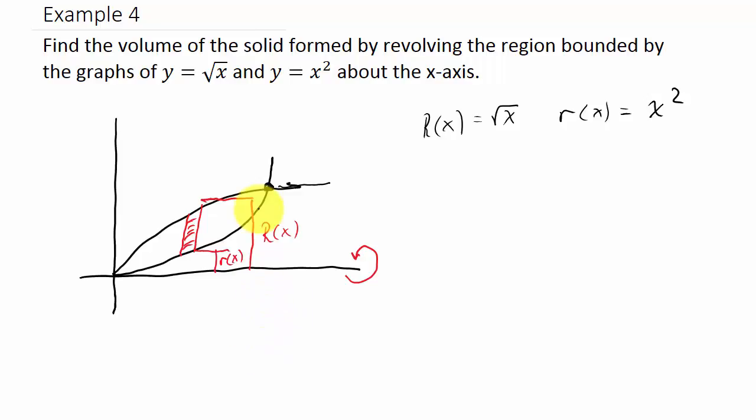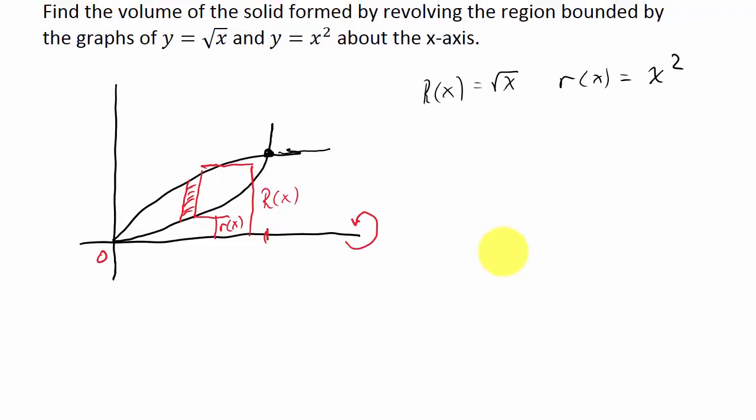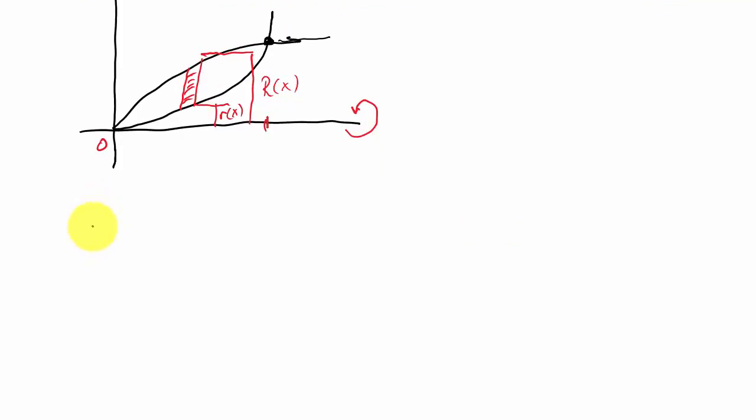Also, we need to know this x value. We know we're going from 0 to some point here. To find that, we set these two equal to each other and solve for x. So I have square root of x equals x squared, and I square both sides and move the x over.